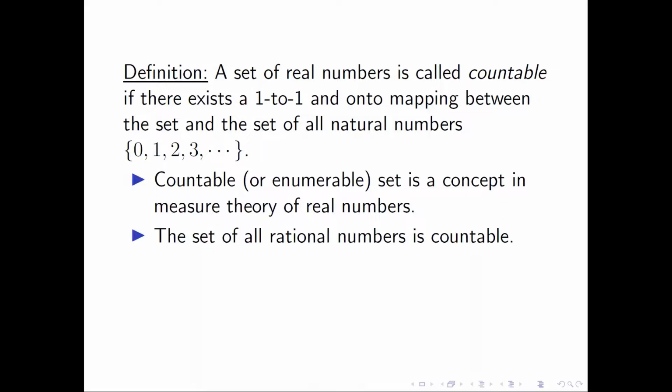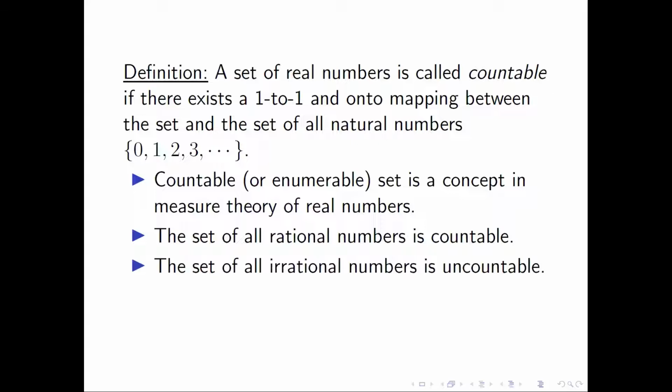In other words, we can establish a one-to-one and onto mapping between all rational numbers and all natural numbers. However, it is impossible to establish such a mapping for irrational numbers. So we call the set of all irrational numbers uncountable.